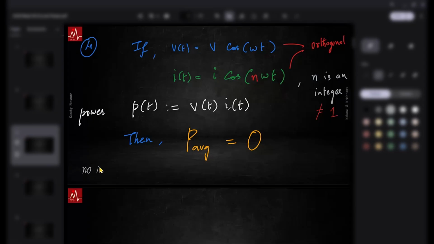No interference, that is, this signal will not affect that signal, this current will not affect that voltage. V and I of different frequencies: if there is any power, it has to be the same frequency.